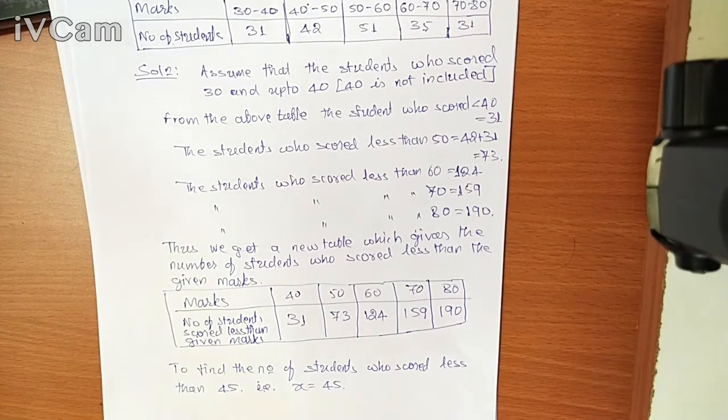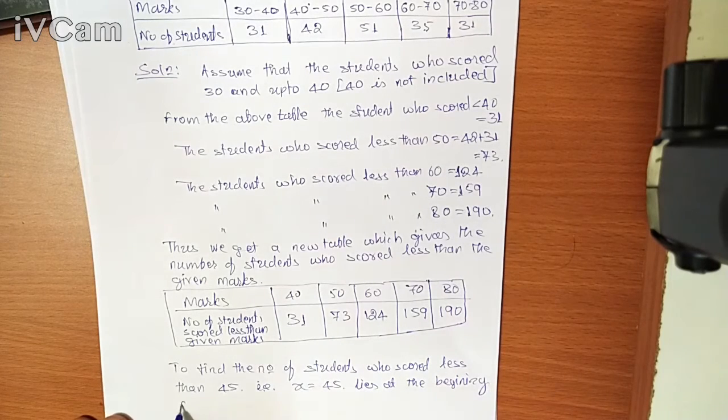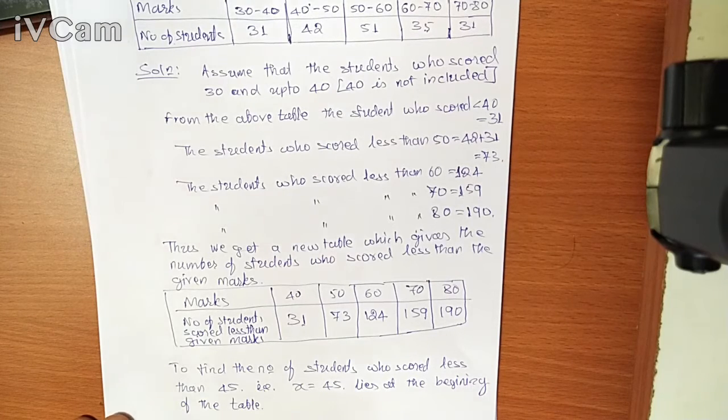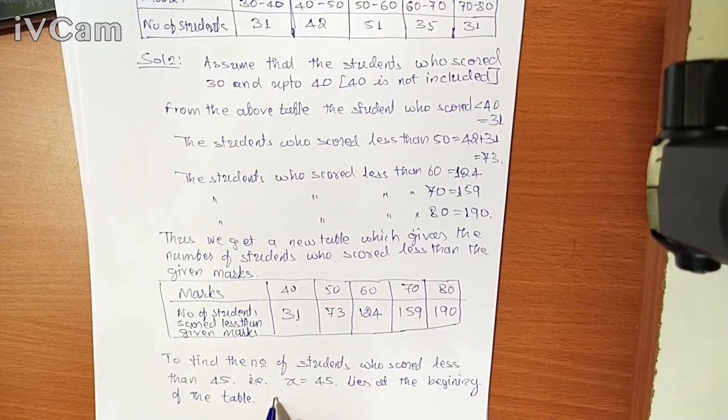Where does it lie? It lies at the beginning of the table. Therefore, hence, we use Newton's forward difference formula.